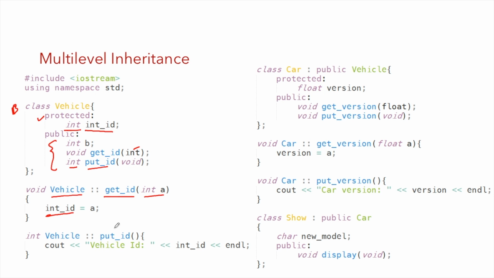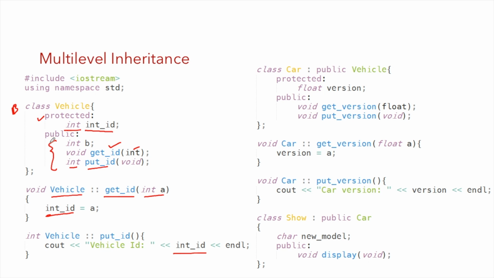And then the other function put_id is just going to print the value of int_id. Because this is a protected member, it is treated as private, hence it cannot be directly called via an object, but it can be called using a member function. In this case we are using get_id and put_id.